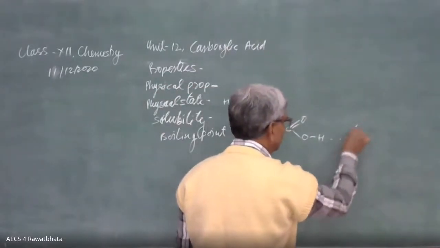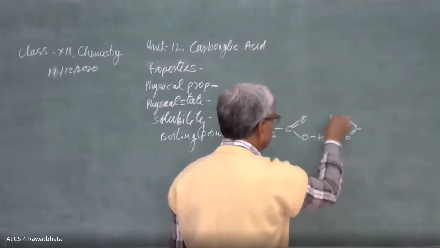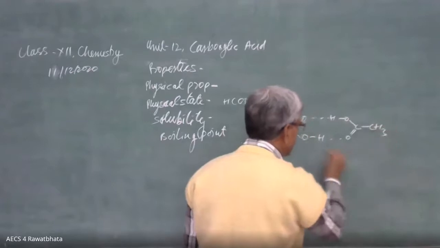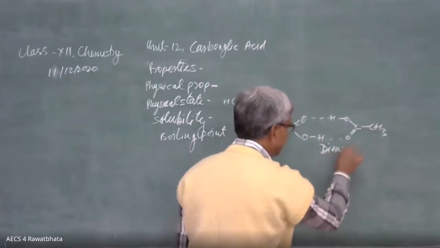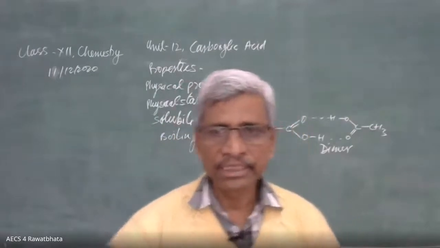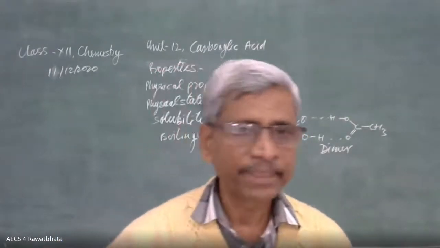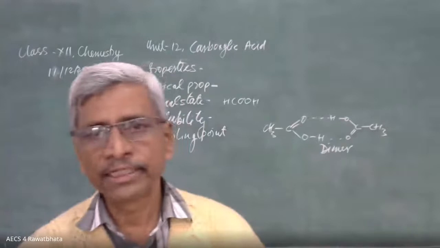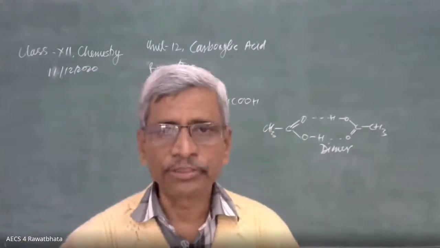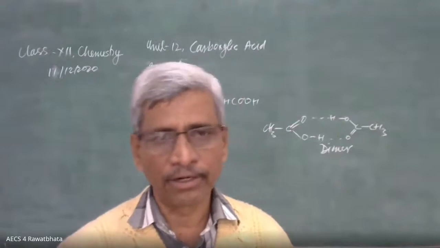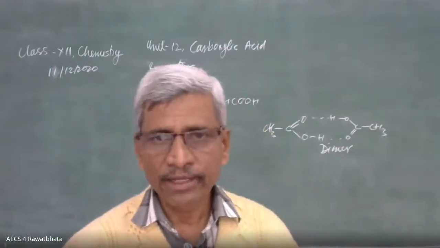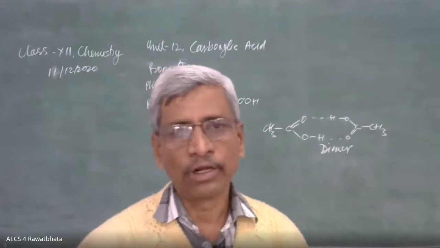Here is a hydrogen bond and here is also a hydrogen bond, and it forms a dimer. Because of that, the single unit's molecular mass is higher than the expected value. Acetic acid's molecular mass is 60, but in this situation its molecular mass becomes just double, 120, so their boiling point is higher as compared to alcohol.